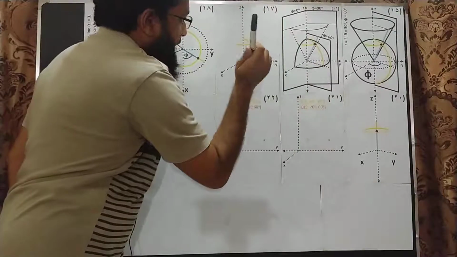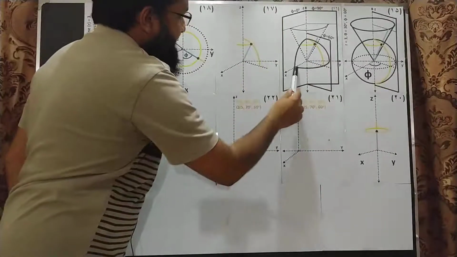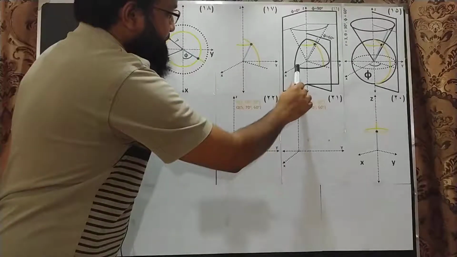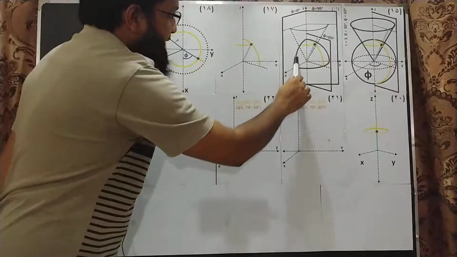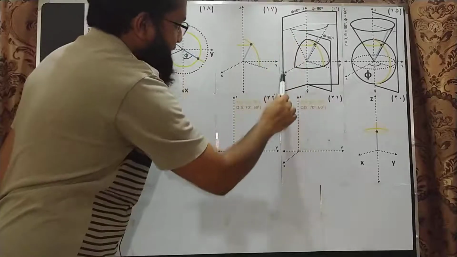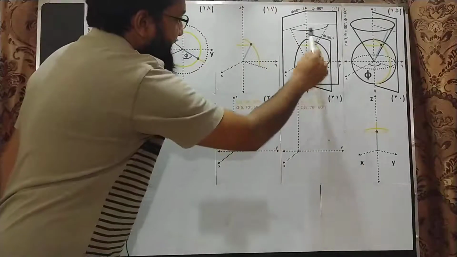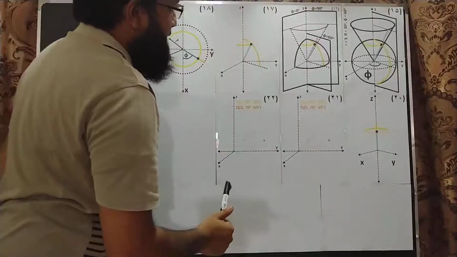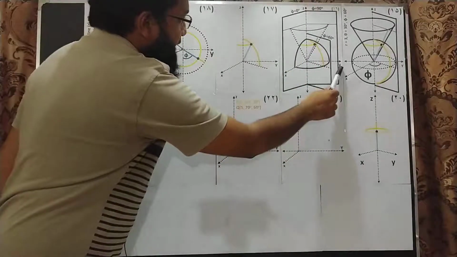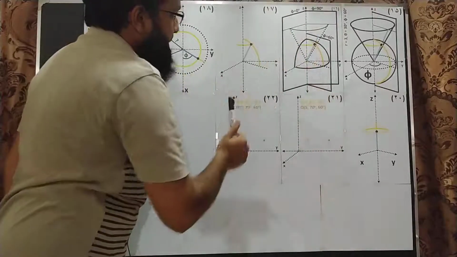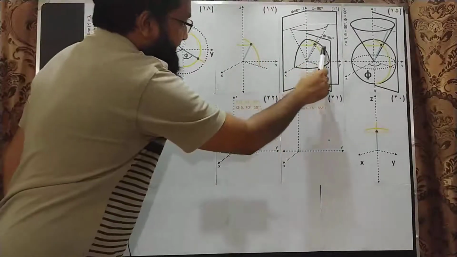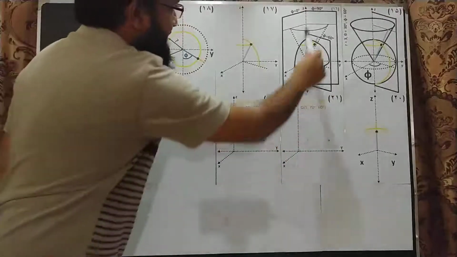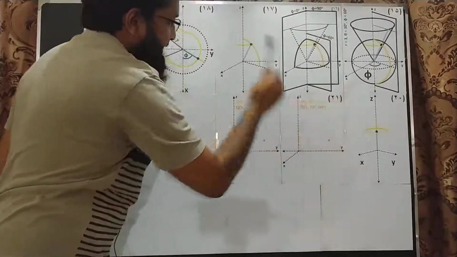All right. Or in other words, I can say that this curve is the intersection of r equals to constant sphere and phi equals to 0 radial plane. All right, and similarly this curve is not only the intersection of r equals to constant sphere and yz plane, but I can also say that this curve is the intersection of r equals to constant sphere and phi equals to 90 radial plane.